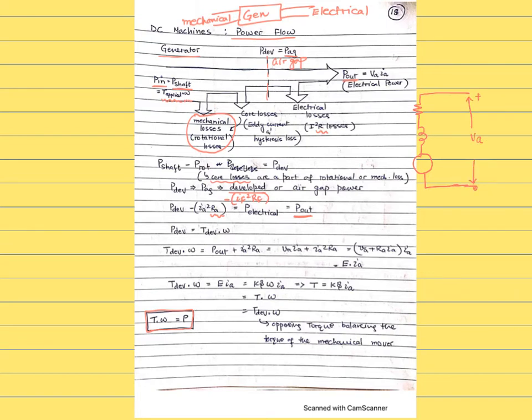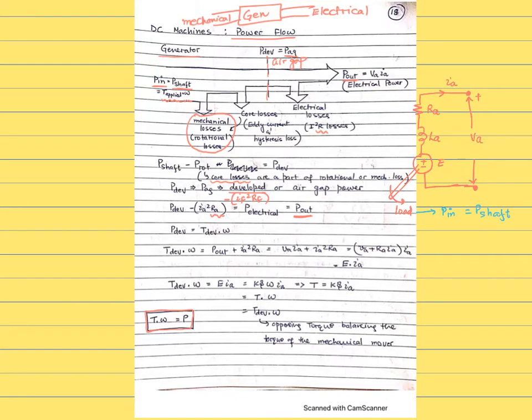So in case of generator, these are the output terminals, and this is the shaft, let's say. This is where your load is going to be. Okay, so this is where the input is. You're going to say here is your input, which is at the shaft.